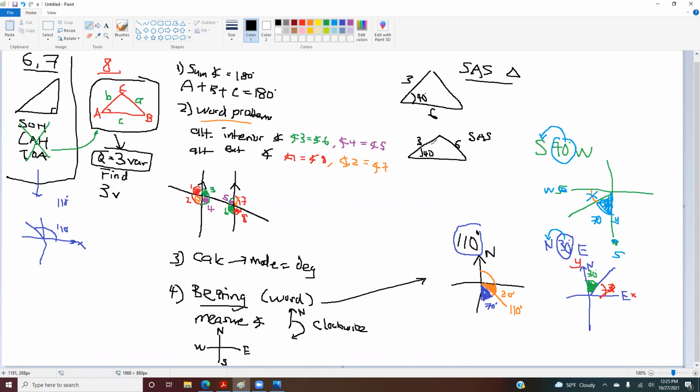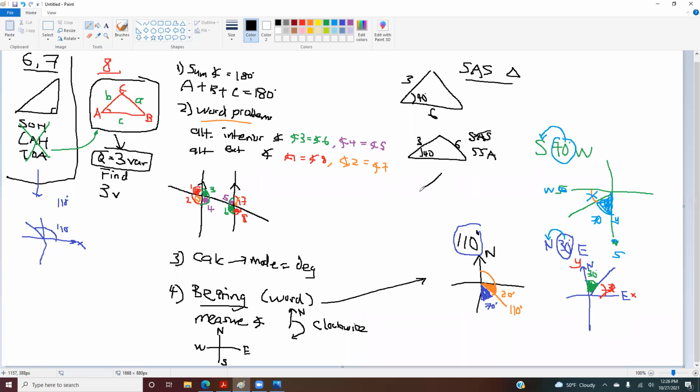This would be side-side-angle, SSA. The reason we don't say angle-side-side is because it spells a very bad word, so we do not do that. So it's side-side-angle, and this is not SAS. SAS means the angle has to be in between the two given sides, like this one.